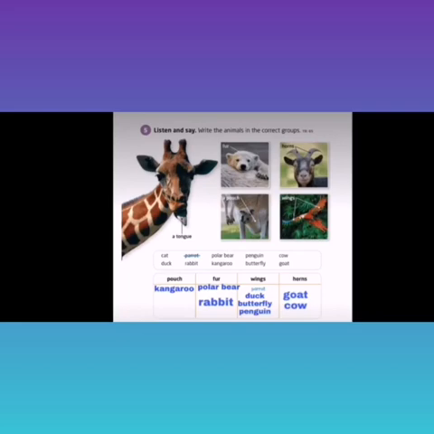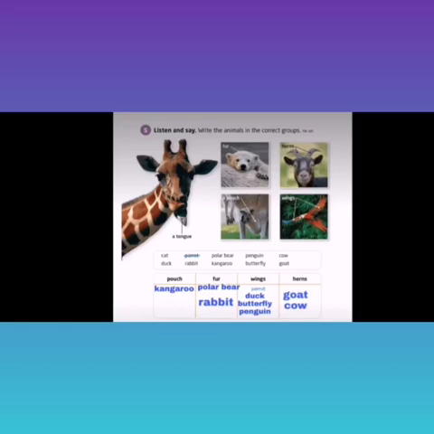Very good. Let's check. So in the first column, we have animals that have a pouch. And the word is kangaroo. Okay? Check it, please. Chequenla, por favor. The second column, we have animals that have fur. Animales que tienen pelaje. And the words are polar bear and rabbit. Okay? The same.